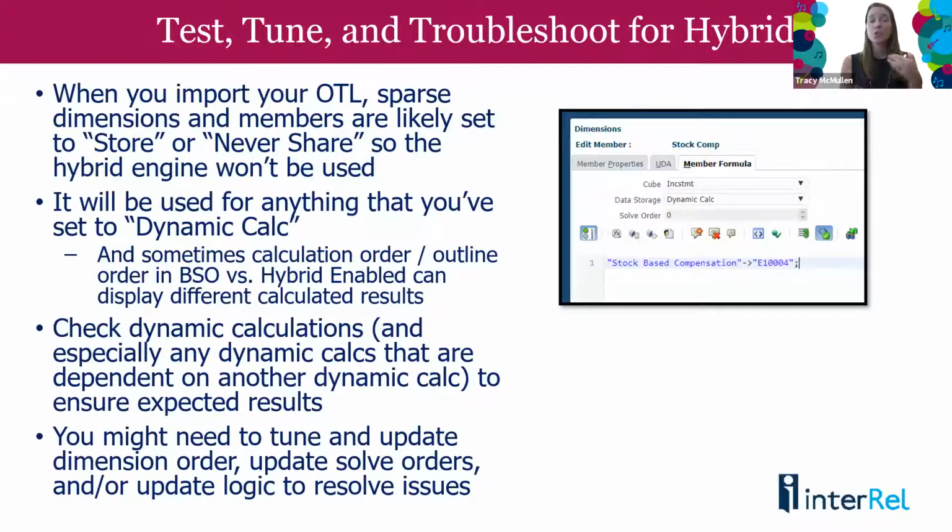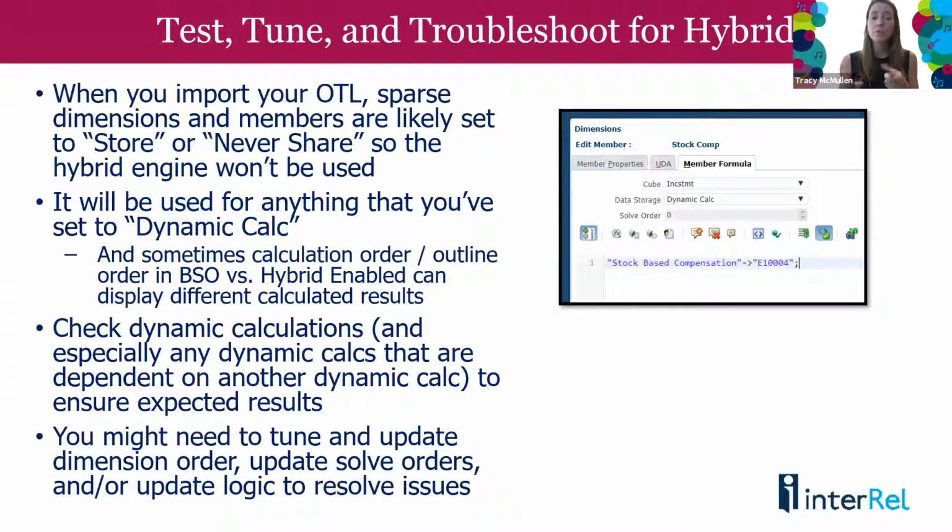As you know with Essbase, if you're an Essbase person, there's an order of operations when it comes to Essbase calculations. So once you've enabled your cube for hybrid, you need to validate your dynamic calculations, or any of your reports that are pulling dynamically calculated members with potentially some asymmetric queries, just to ensure that the results are calculating as expected.